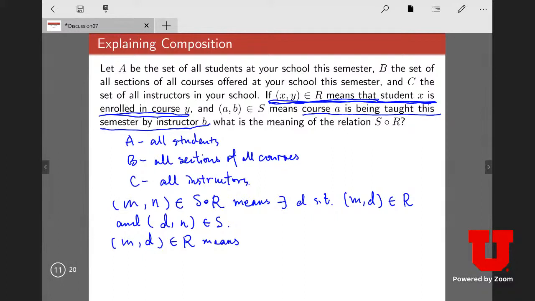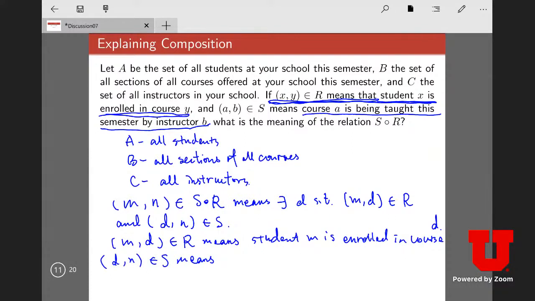So that means that student M is enrolled in course D. Okay, so the next one, D, N is in S, means what?